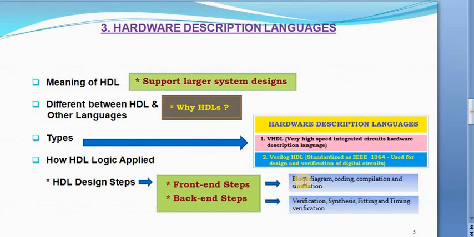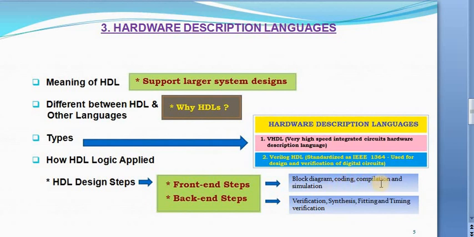Let's discuss them briefly. The block diagram is the part which defines the modules and their interfaces. Similarly, coding includes writing the HDL code for modules and their interfaces with internal details.